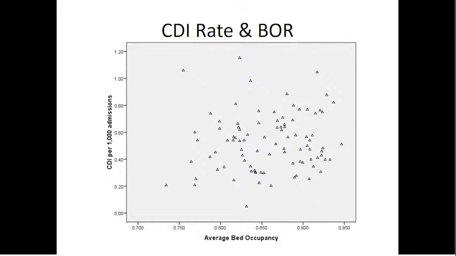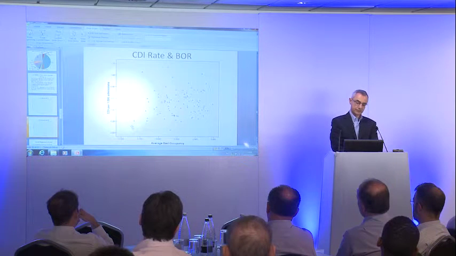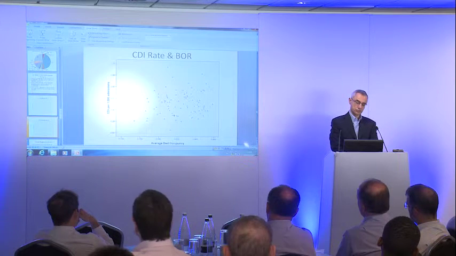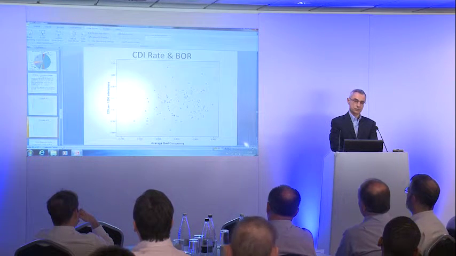The same holds in the inverse direction between the CDI and the bed occupancy rate. You can see these are hospitals, these points. There is an opposite direction in which, with the increase of occupancy, the CDI rate increases as well.